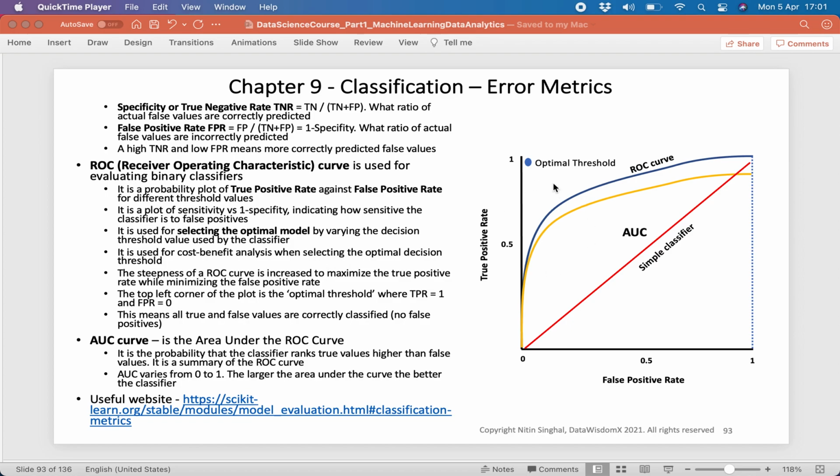Now, there is something called a decision threshold, which is used by the classifier to determine that split between the two classes, right? Your one category is 1, the other category or class is 0, so the true and false. Now, what determines that some y predicted values go to the 0 class and some go to the 1 class?